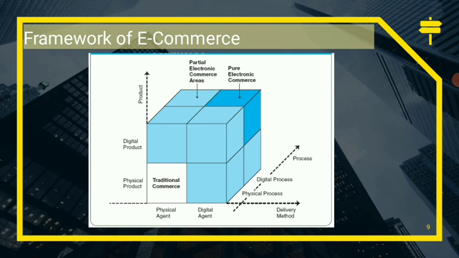As trade and commerce become modernized, availing the amenities of electronic commerce, hence going digital and online in its approach, the digital agent takes the place of the physical agent and the digital product takes the place of the physical product.